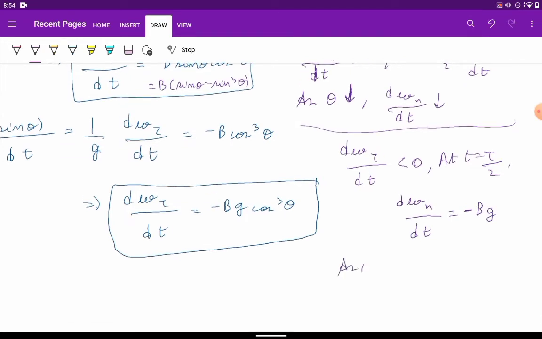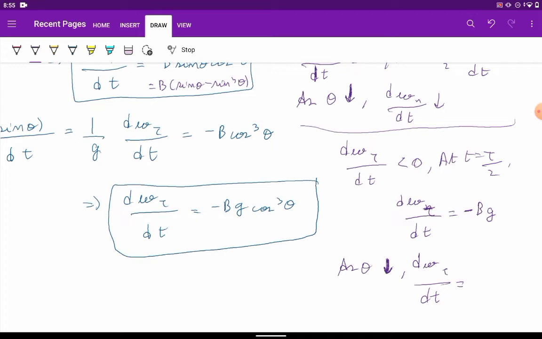And as theta keeps on decreasing, imagine it this way. What happens to dw tau by dt? As theta keeps decreasing, going nearer and nearer to 0, cos theta value will keep on increasing, right? It becomes closer and closer to 1 as we approach 0. So as theta keeps on decreasing, cos theta value keeps on increasing, but there is a negative sign.